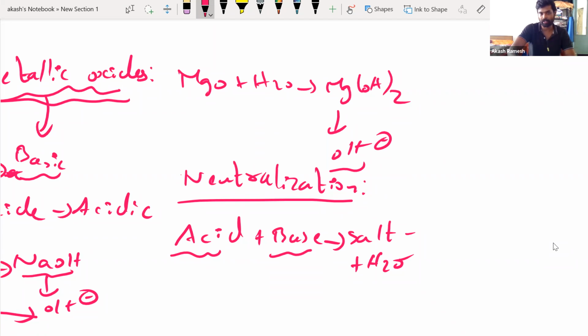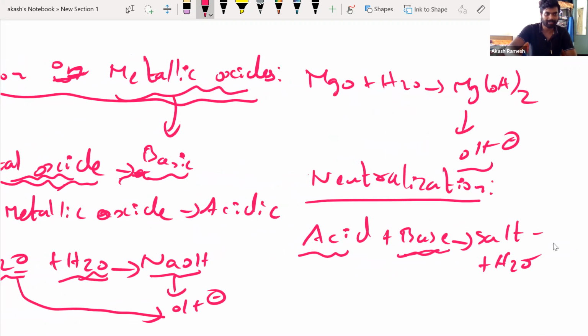I hope you understand what I'm trying to say. If I have an acid and a base, this reaction will happen, no doubt about it. Generally, we use bases like sodium hydroxide or magnesium hydroxide. Instead of that, if I use the metal oxide itself as the base and this reaction happens, that is also proof that metal oxides are basic in nature.